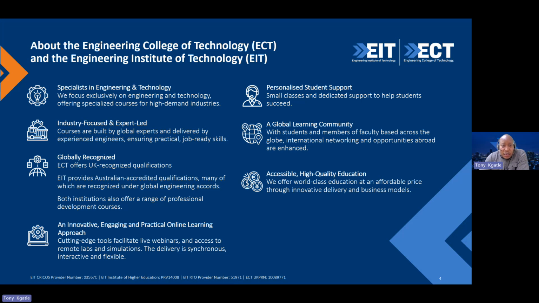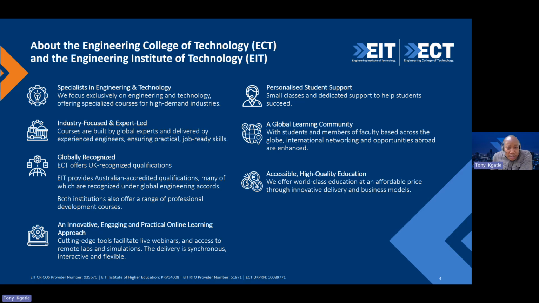Just a bit about EIT and ECT. Both institutions focus exclusively on engineering and technology, offering specialized courses for high-demand industry. Their courses are built by global experts and delivered by experienced engineers, ensuring practical, job-ready skills.